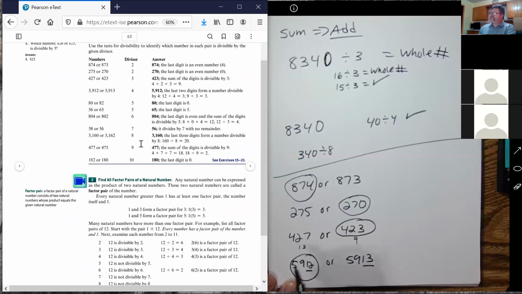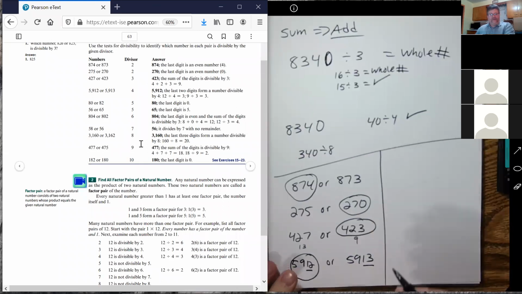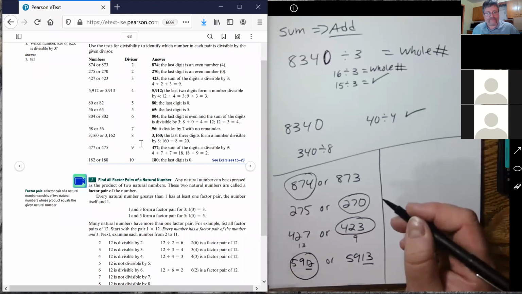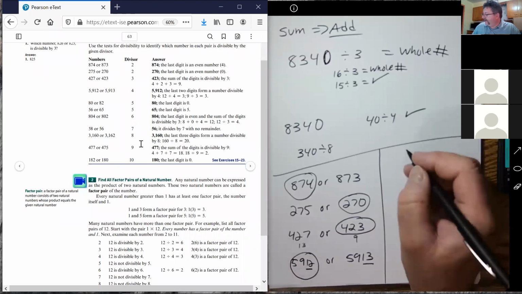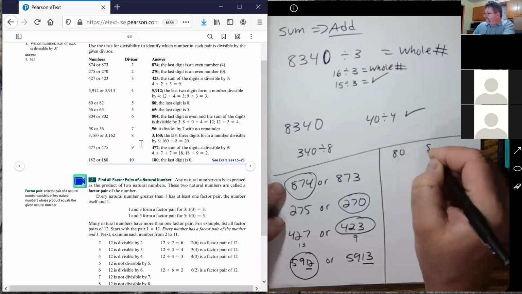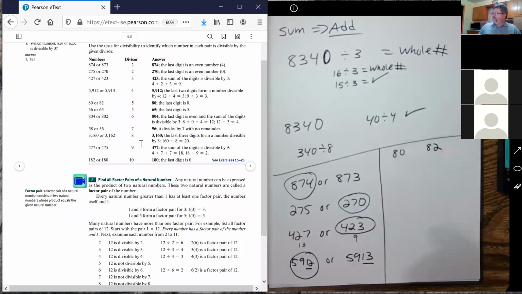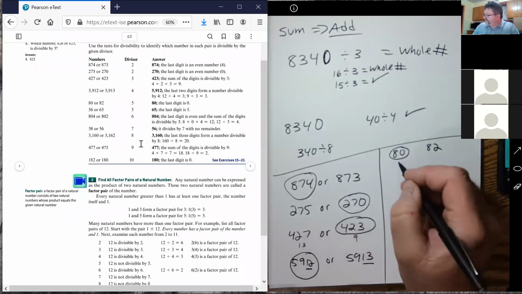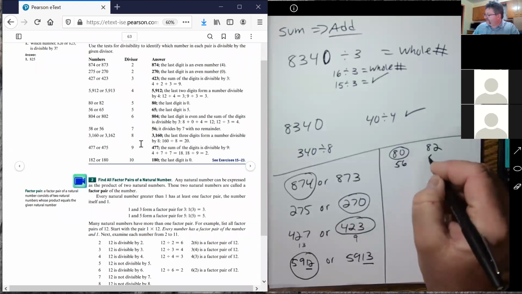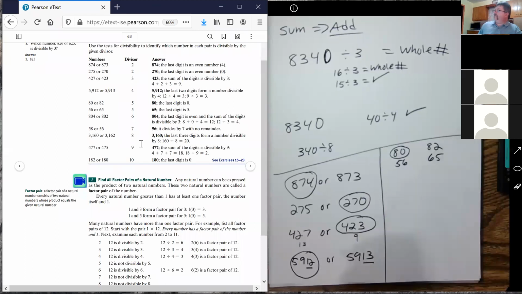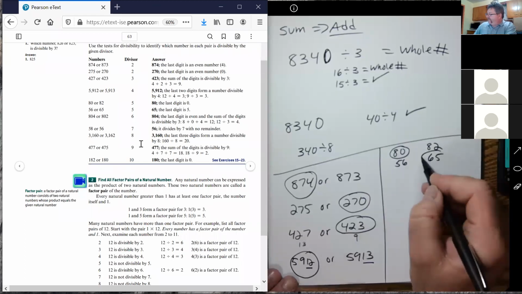The 12. All right. 5. We have 80 or 82? Again, 5 I think is pretty obvious. It has to either end in a 0 or a 5 to be divisible by 5. 56 or 65, also asking the question about divisibility by 5, so it'll be this one.